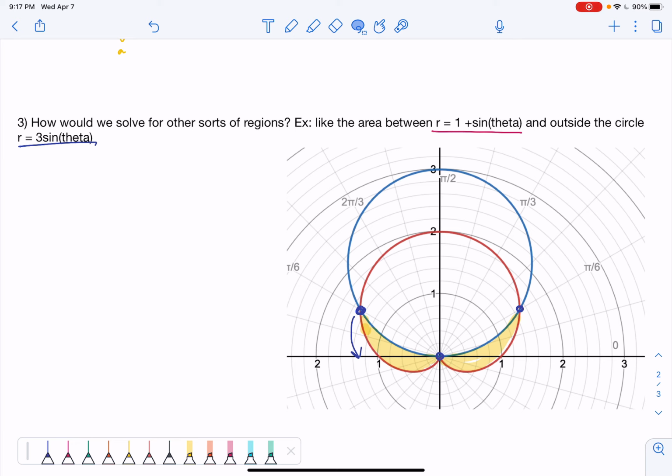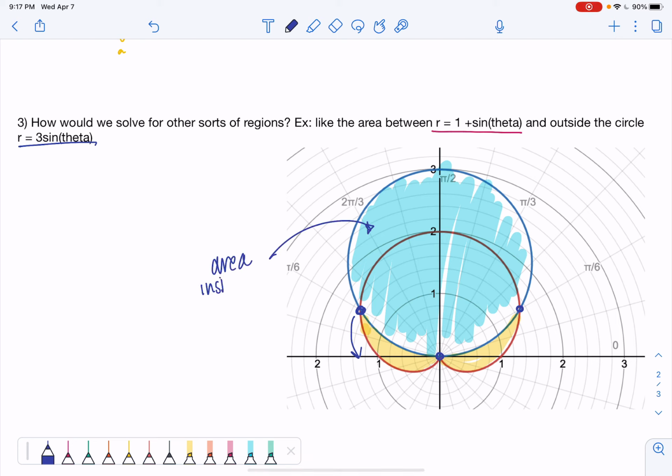Okay, so something maybe you noticed is, here's the area inside the circle. And this we can find pretty easily because this is a circle with a diameter of 3, so the area should be pi times 3 over 2 squared. Not radius, a diameter of 3. Let's undo that.